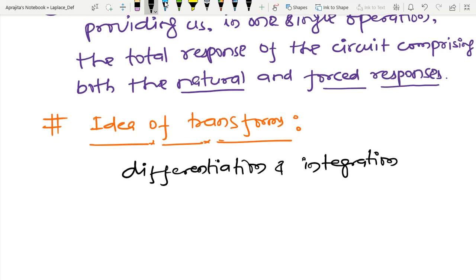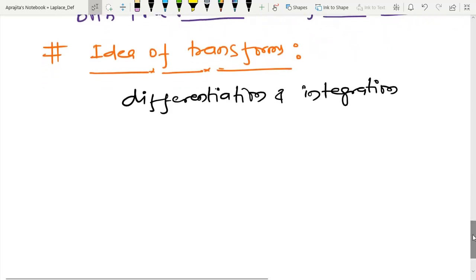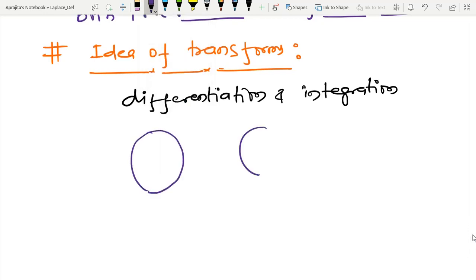And if you see very closely, then you found that somehow I have some domain and I have some kind of codomain.